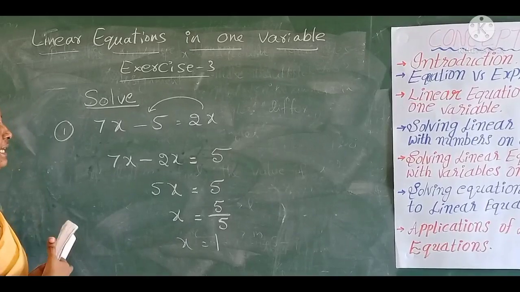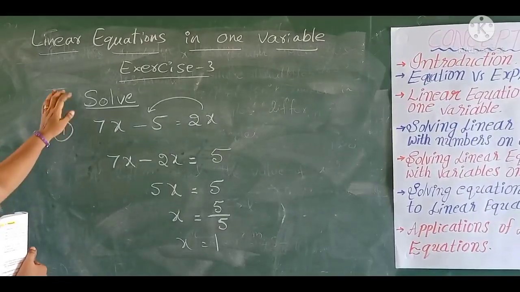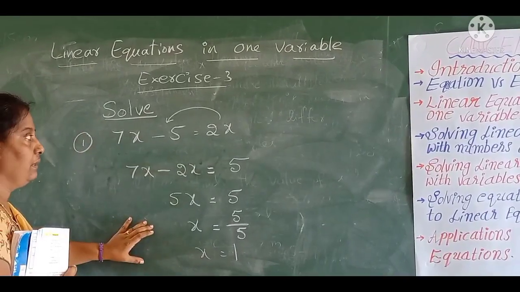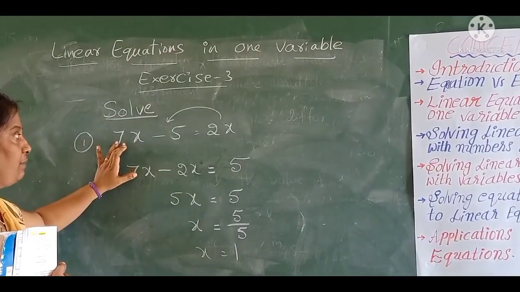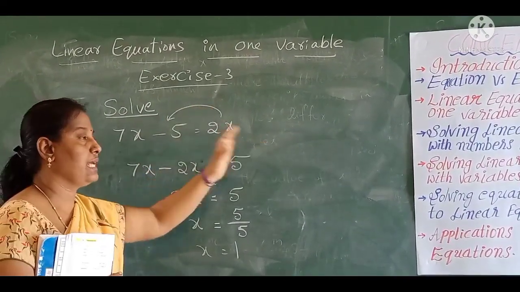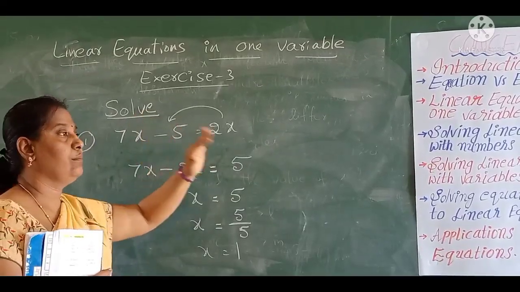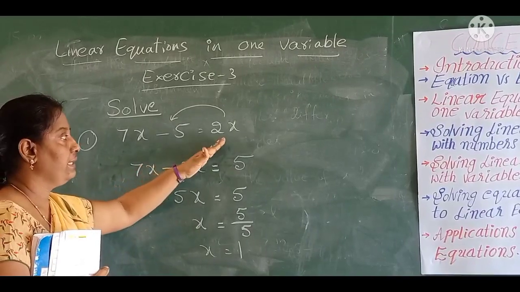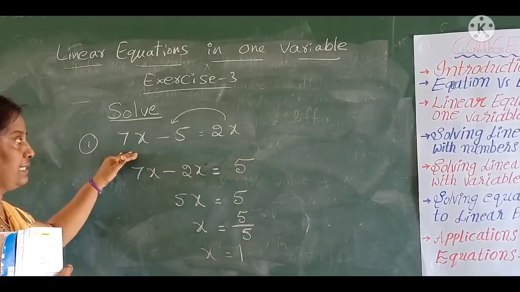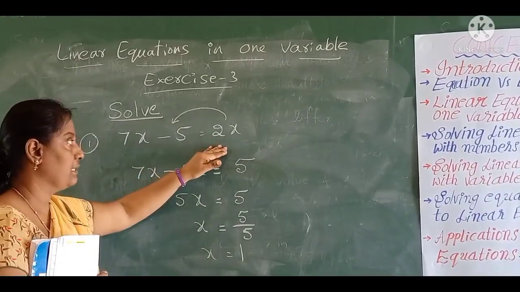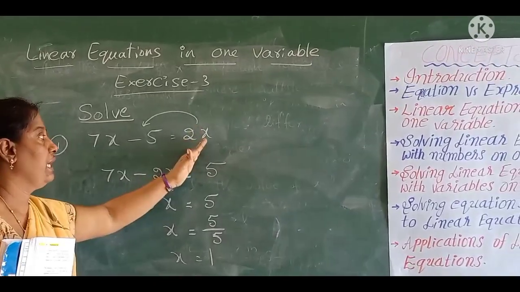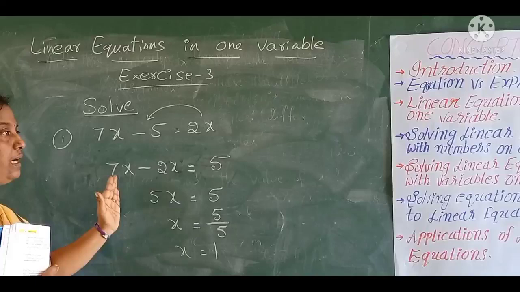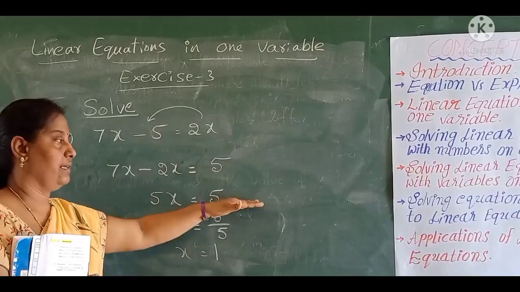Okay? Once again I am telling. In this exercise, we have to solve these types of equations, that means variables will come on both sides and constants will come on both sides. How do we solve? Before solving these types of questions, we have to move all variables to the left hand side and all constants to the right hand side.